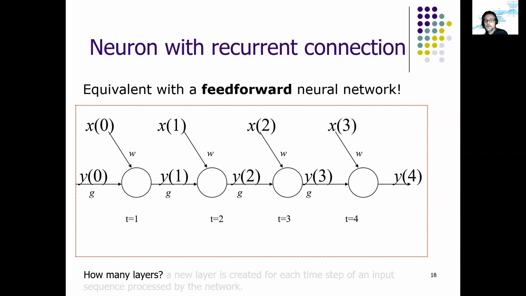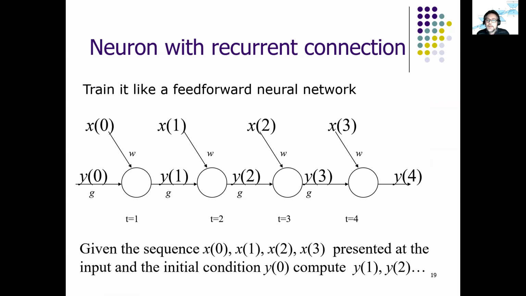And that new node is going to have an external input, that's x3, for example, and an input which comes from the previous activation of the node at the previous time step. And that will allow it to produce the output. So a new layer or a new node will be created at each time step as the node does the processing of the input data.